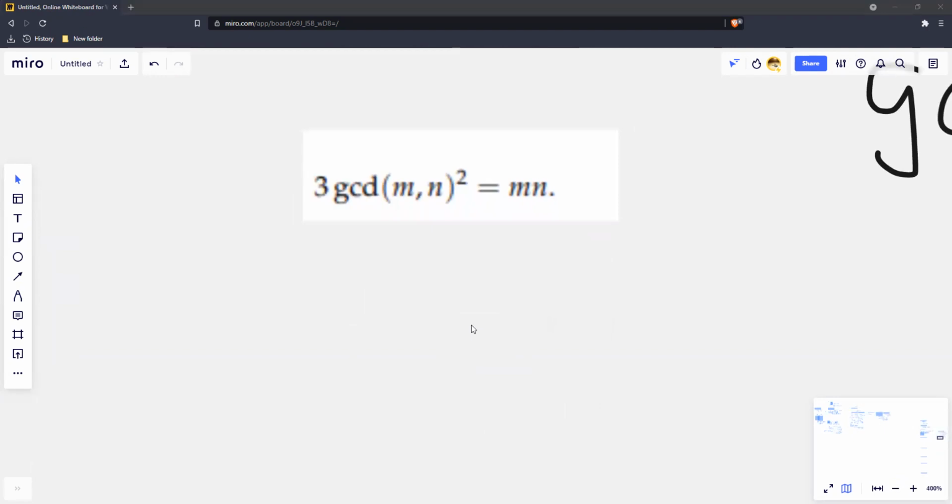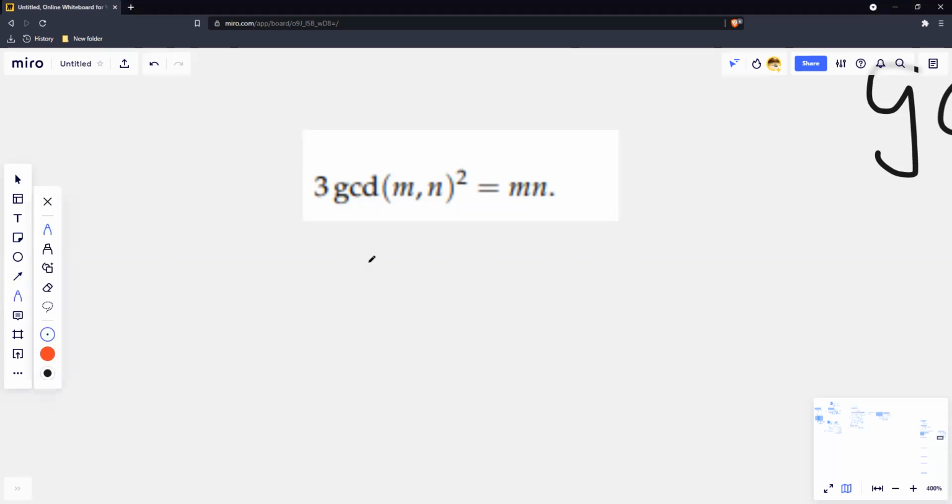So let's say that we have a prime factor of GCD(m, n). Let's say the prime is p, and then let's say ap is equal to m, and bp is equal to n, right?